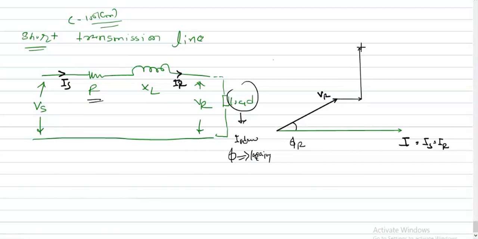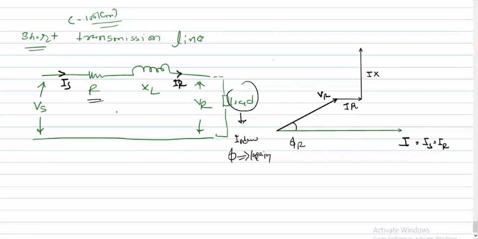So this is your inductive drop. This is actually I into R, and this is I into X, because IS and IR are all the same current.